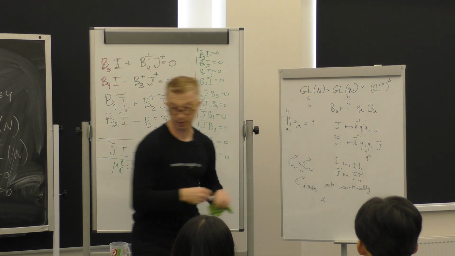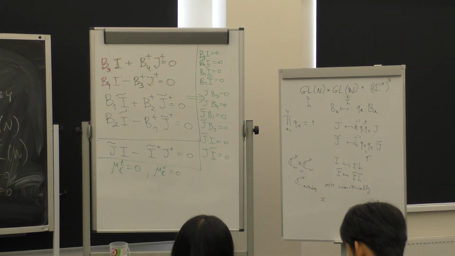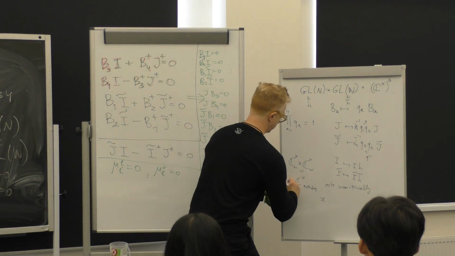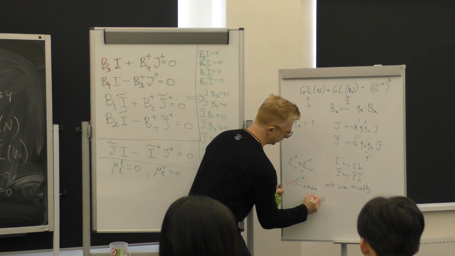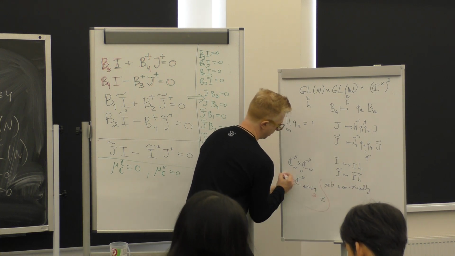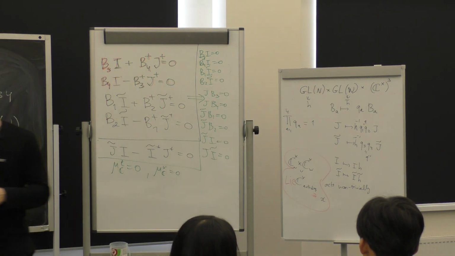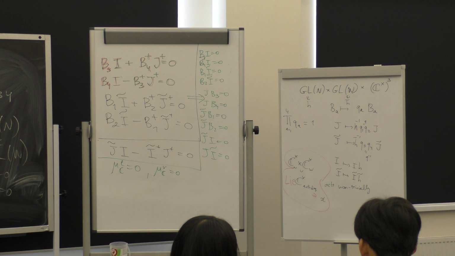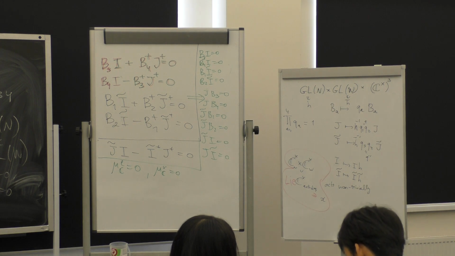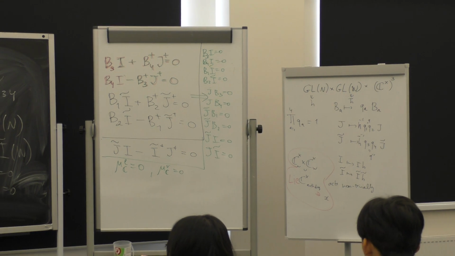So x is the equivariant parameter for that torus. The Lie algebra of that is where x belongs. So that's the mystery of the x variable. It's the symmetry which rotates the N and W spaces in opposite directions.